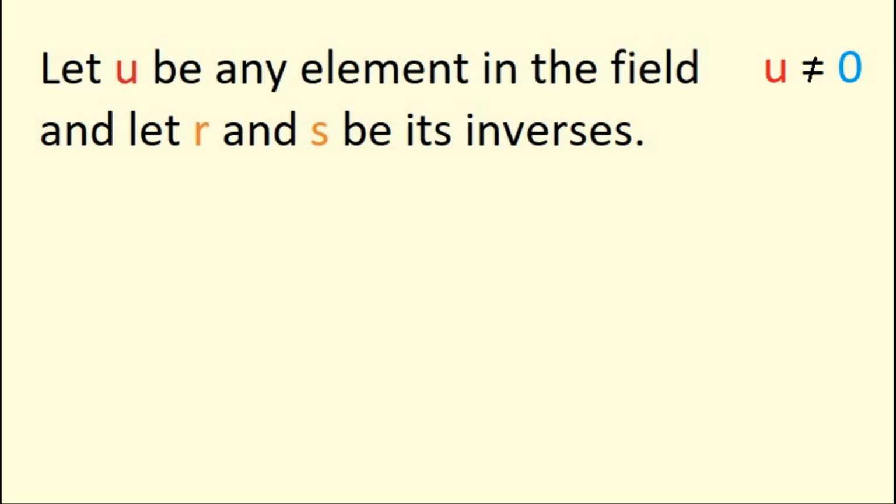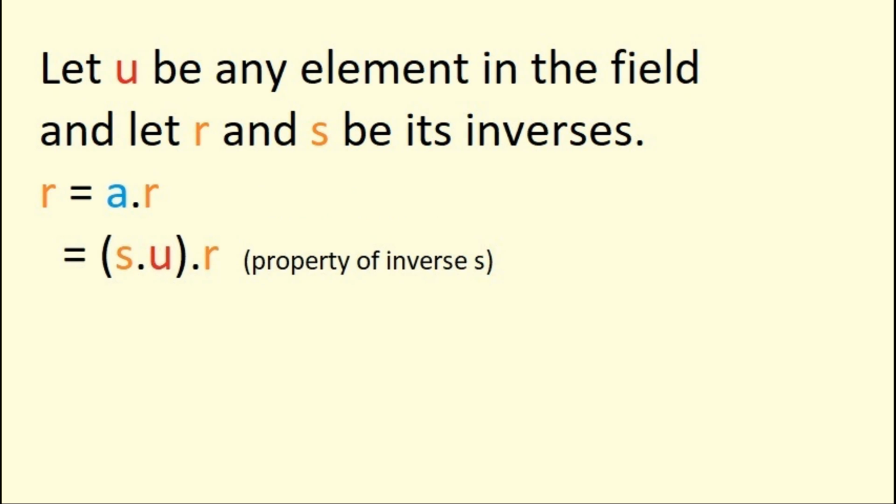R and S are the inverses of this variable U. We have to show that R must be equal to S. Starting with the first inverse R, we use the property of 1 to expand the expression. A has already been defined to be 1 in the previous proof. We expand this expression again using the property of inverses, for the second inverse S in particular.